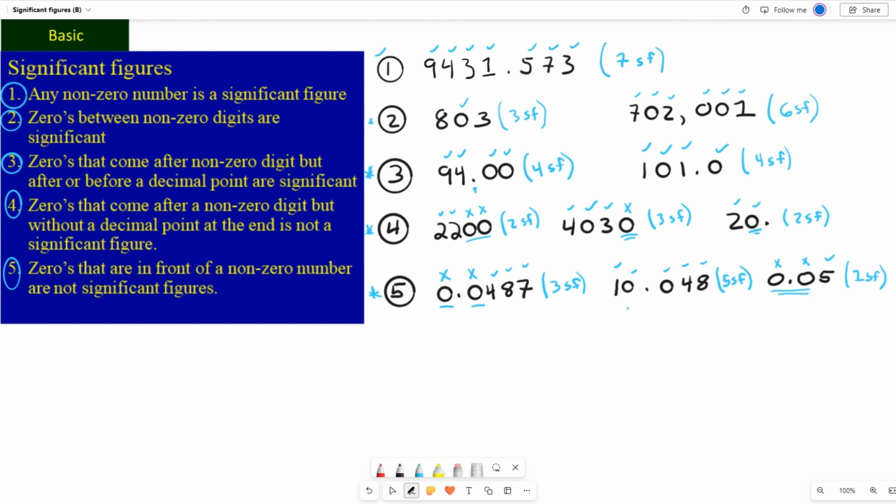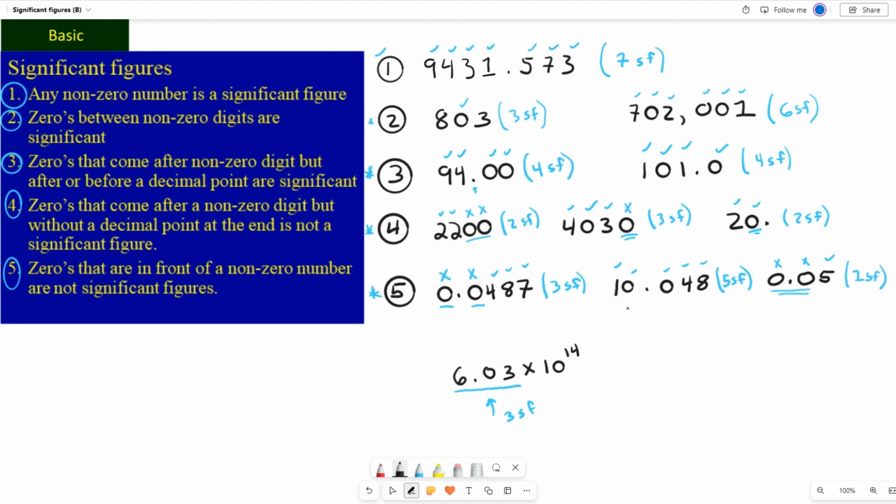One last thing to be aware of is if you look at scientific notation, any of the numbers in the front coefficient are considered significant. So if we had 6.03 times 10 to the 14, all 3 of these numbers in the front are significant. So this would have 3 significant figures.